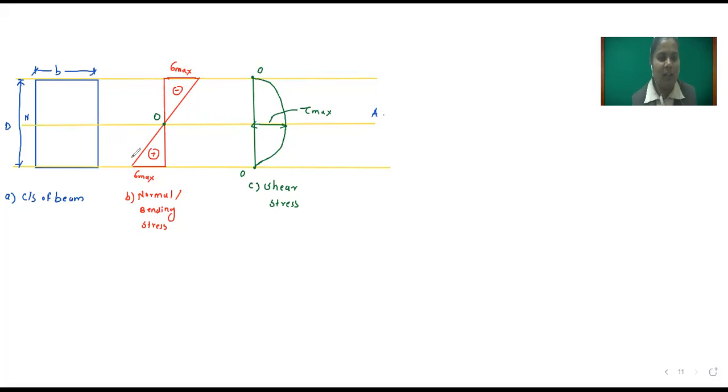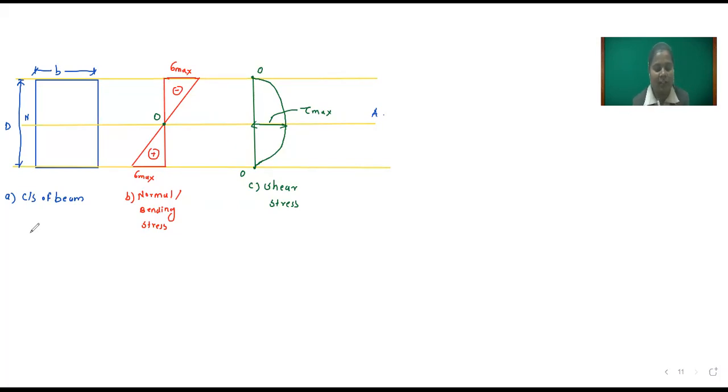So now we will write. Please write down: the normal stresses are maximum at outer faces and 0 at neutral axis.